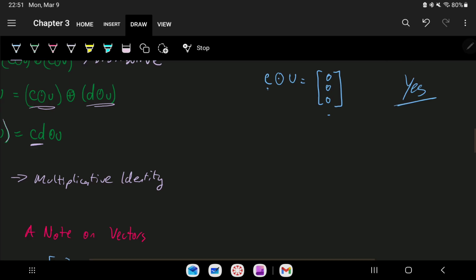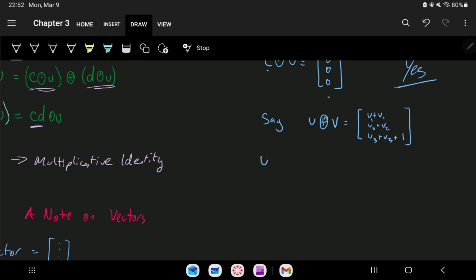However, remember what we were just talking about, the funny definitions of addition, right? So say u plus v is actually u1 plus v1, u2 plus v2, and u3 plus v3 plus 1, right?